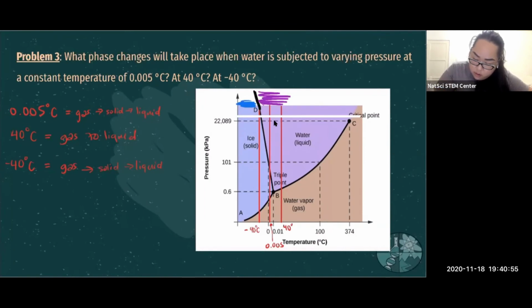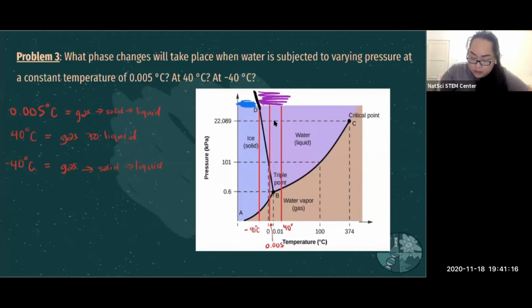So for -40, you're going from liquid to solid to gas. It doesn't matter which order you put it in. It goes through all of it.